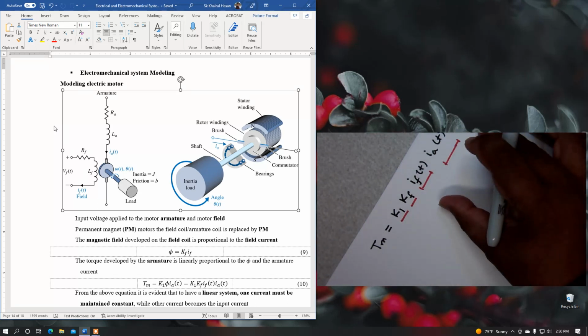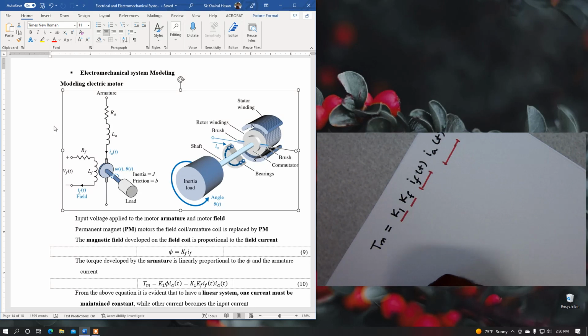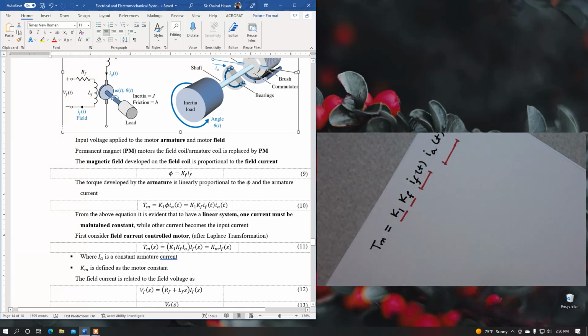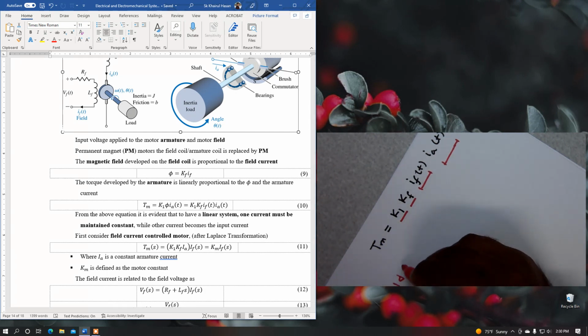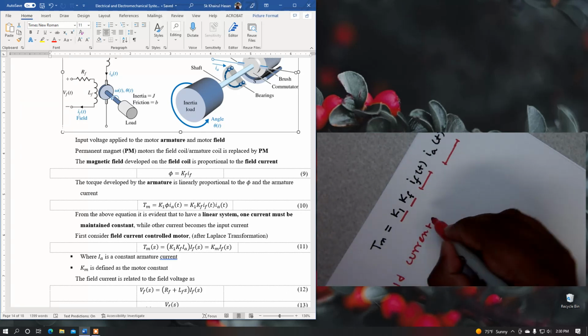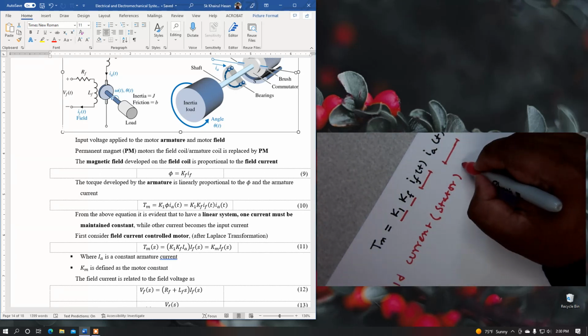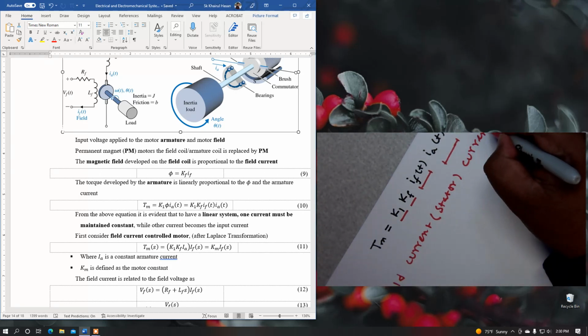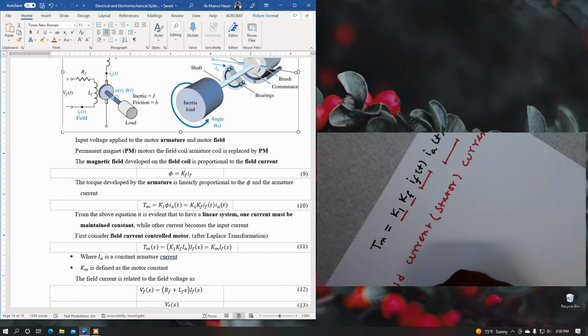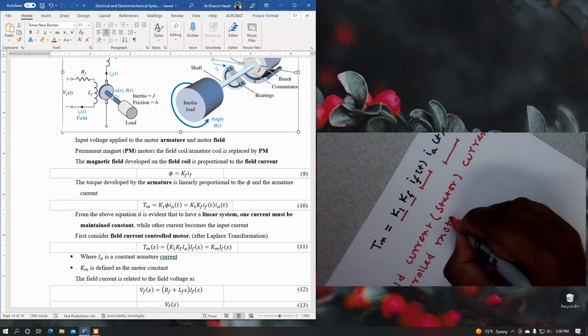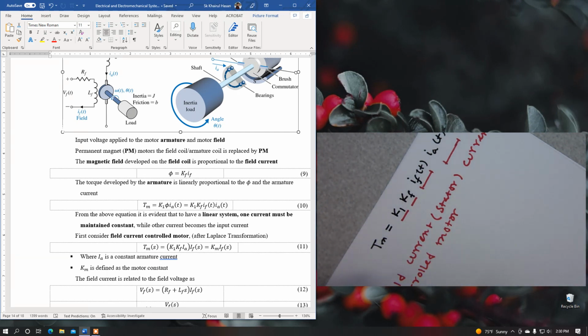So we'll analyze both, but first start with the field current. Stator current controlled motor.